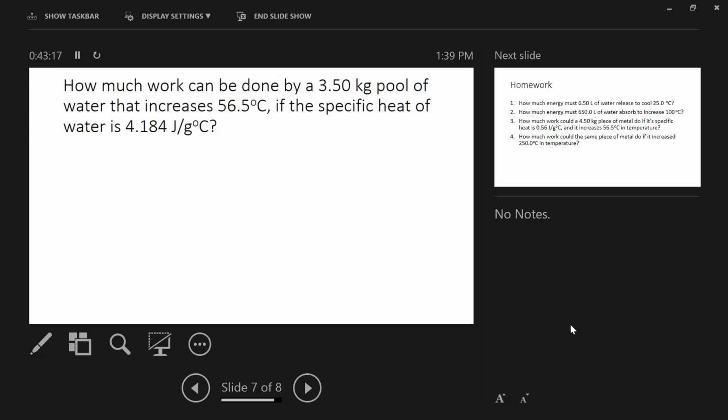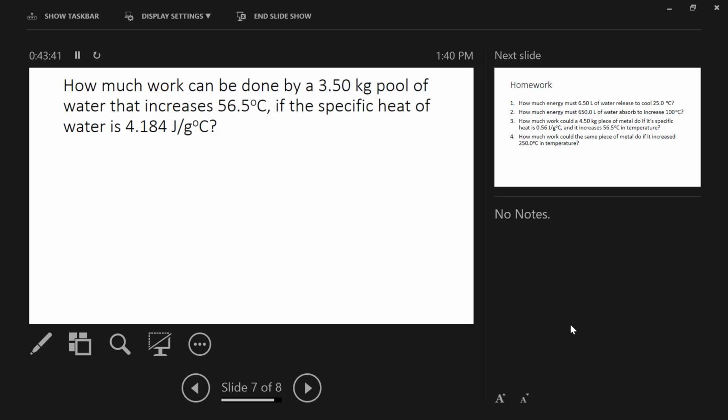All right? If we wanted to solve for specific heat, and we have mass and change in temperature being multiplied to specific heat, how would we get those away? Yeah, we divide by it. So then specific heat would equal work divided by mass times change in temperature.